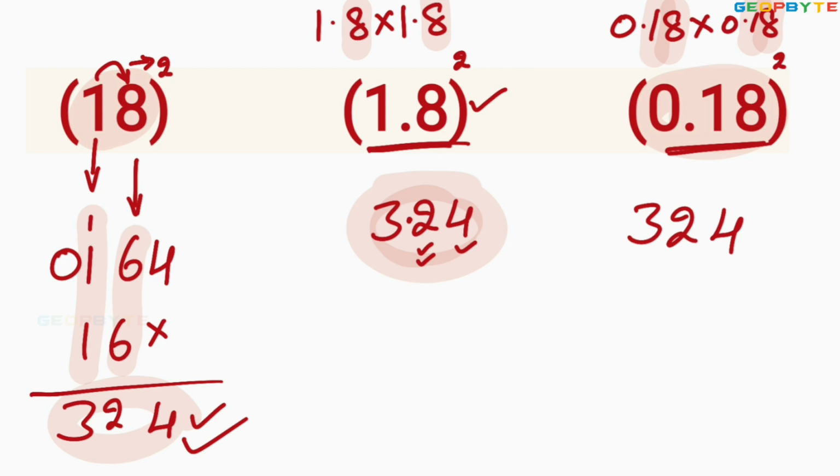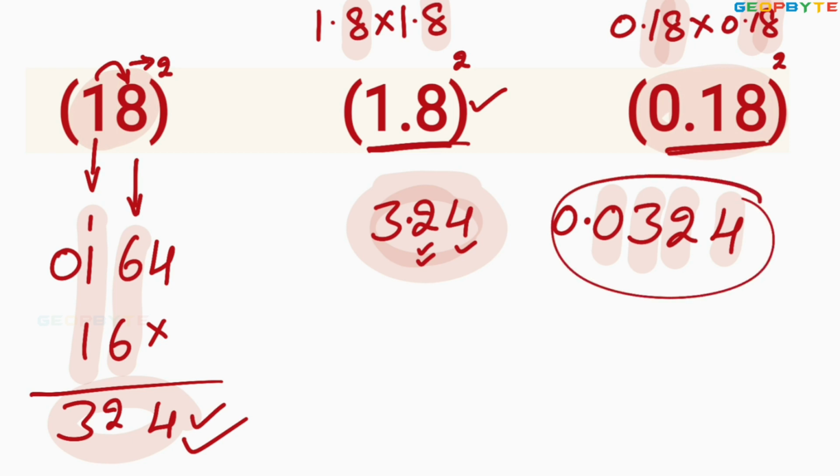You mark the decimal point after 4 places. There is no digit for the fourth place, so you make a 0. Then mark the decimal point. 0.0324 is the value of 0.18 whole square.